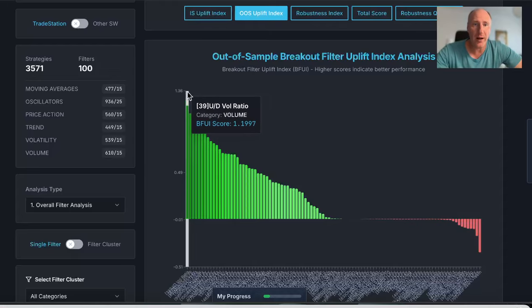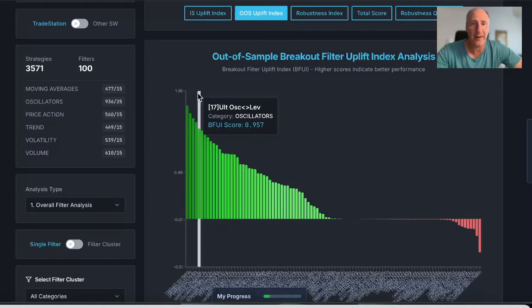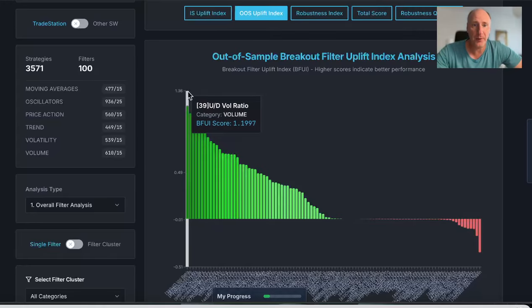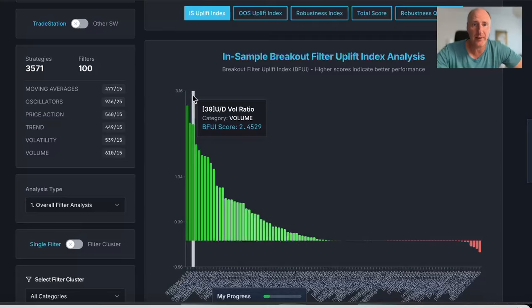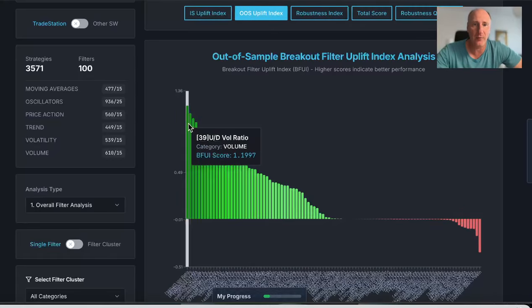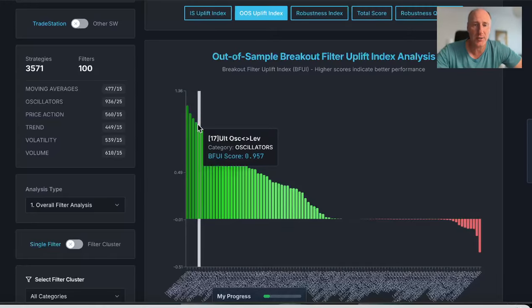Overall, if we only focus on the top five of in sample and out of sample, we can see that in sample it is price action. Don't worry, I'll explain what the conditions are, so you will know. The highest ones are price action, oscillator, volume, price action. Out of sample we have volume, price action, moving averages, oscillators.